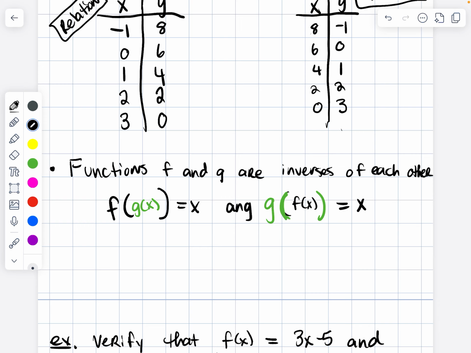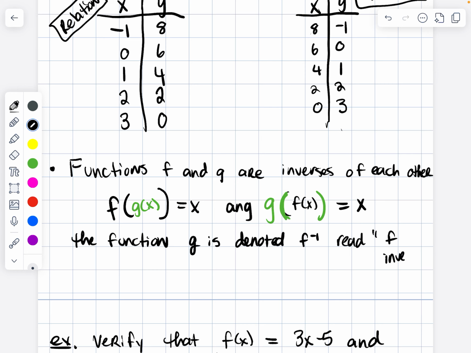So then the function g is denoted f inverse. We say f, but this is read as f inverse.